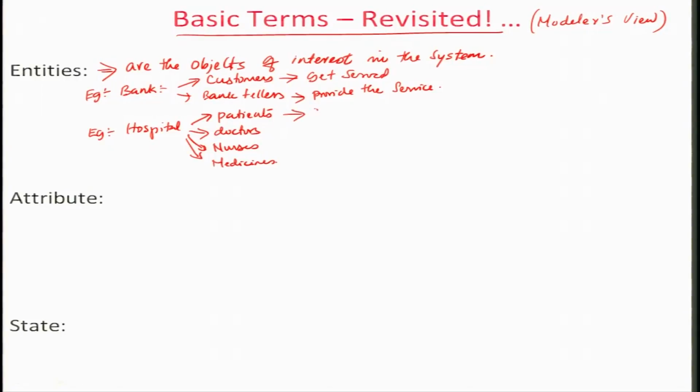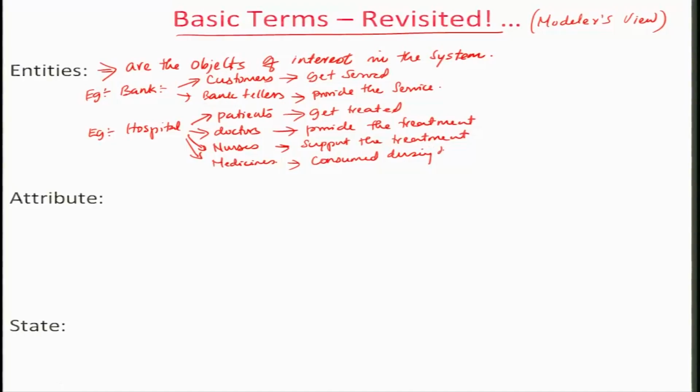So, the patients are the ones who get treated, doctors are the ones who provide the treatment, nurses are the ones who support the treatment, and medicines are the ones that are consumed during treatment. So, entities do not have to be living things; non-living things can also be entities. Entities are simply objects of interest within the system.